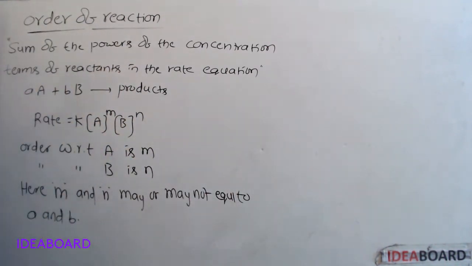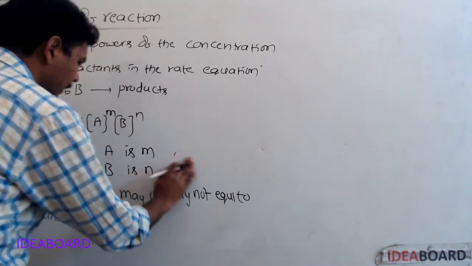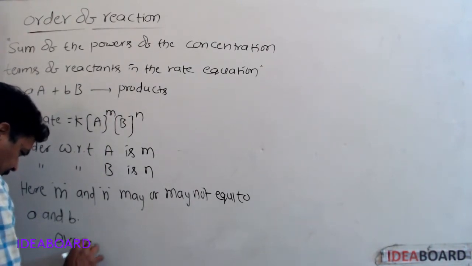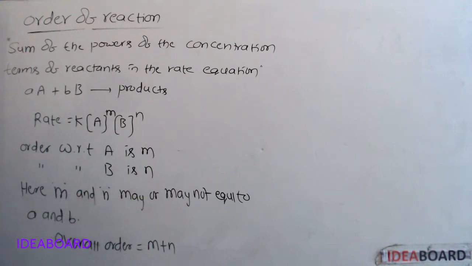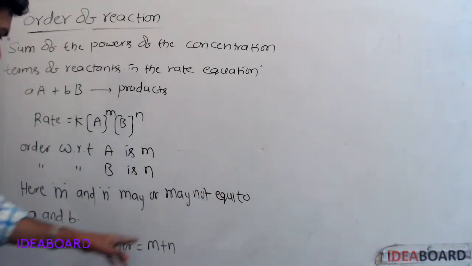In this rate equation, order of A is m, order of B is n, and the overall order of the reaction is m plus n.